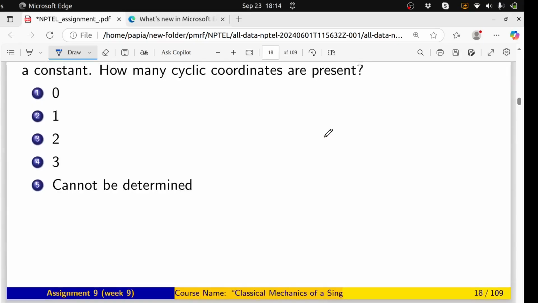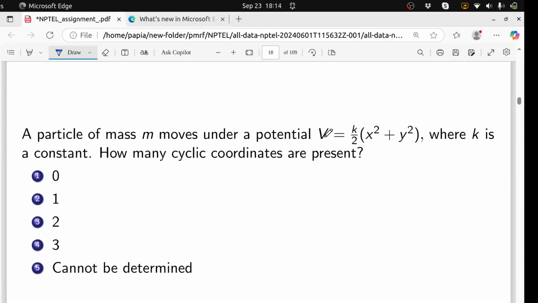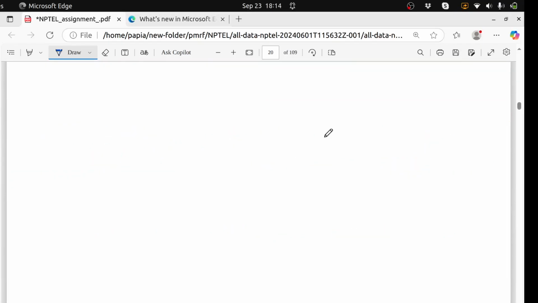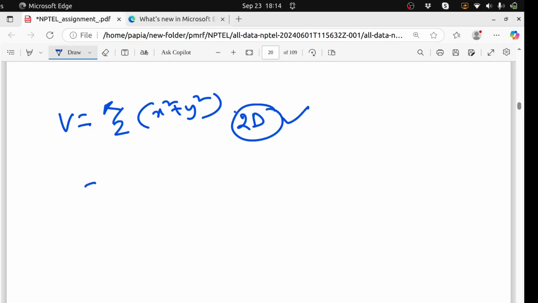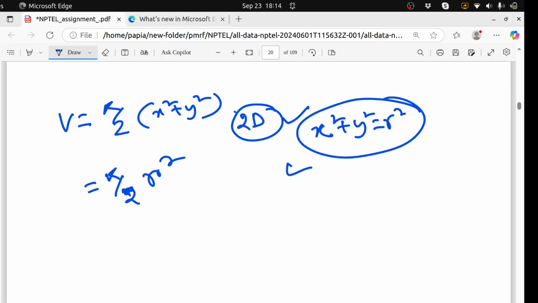Okay, now coming to the question, V equals k by 2 times x square plus y square. If it is in 2 dimensions, then I can write it in terms of k by 2 r square, because x square plus y square equals r square in this case.